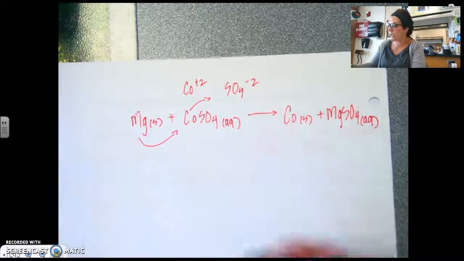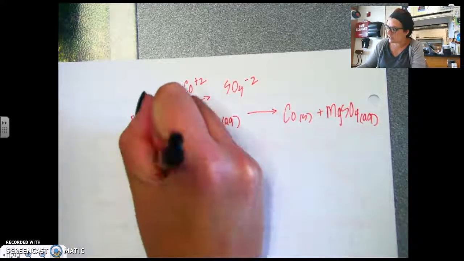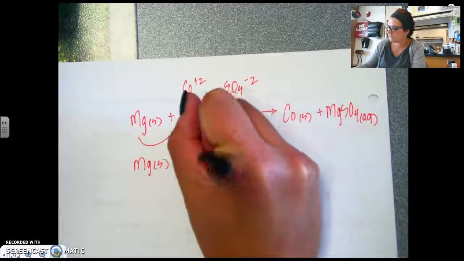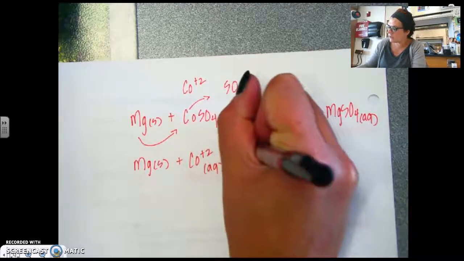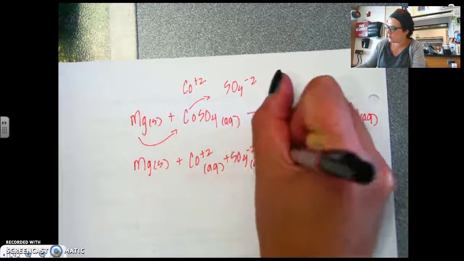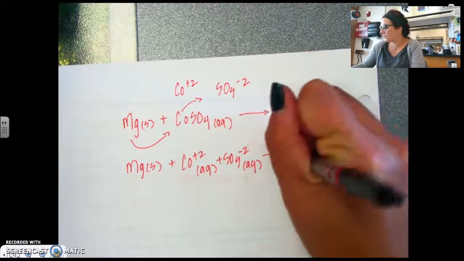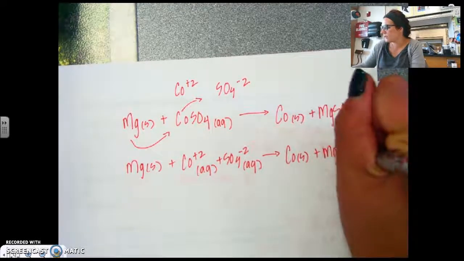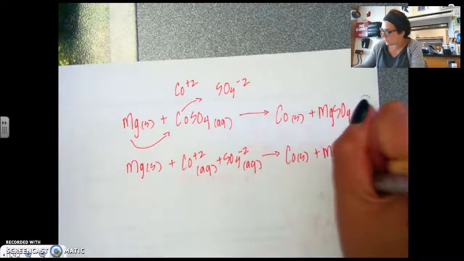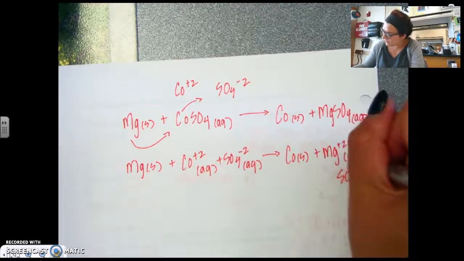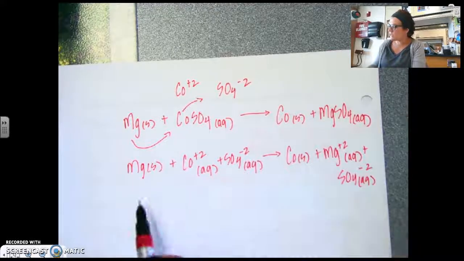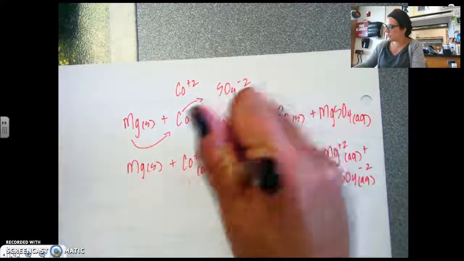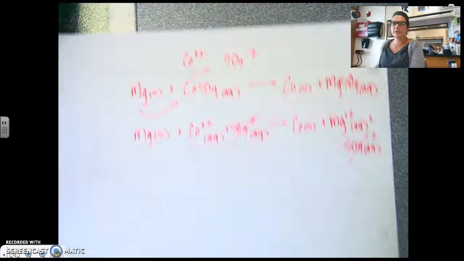So I need to take a step back and say, well, I have magnesium solid plus cobalt +2 aqueous plus sulfate aqueous going to cobalt solid plus magnesium aqueous plus sulfate aqueous. So since the magnesium is solid over here and an ion over here, it cannot cancel. So the only thing that's canceling is sulfate because it's on both sides.